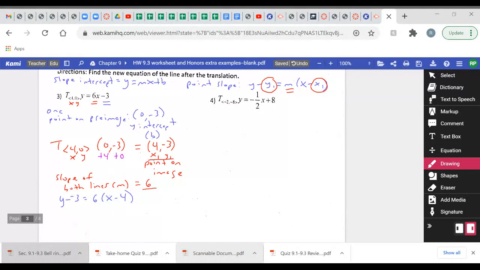They didn't really specify what form to put the final equation in. This would be point slope form, but I think a lot of times in a problem like this, they're going to have you put it in slope intercept form, which means you just need to get y by itself. So I'm going to clean up this first part and say y plus 3, and then distribute this 6.